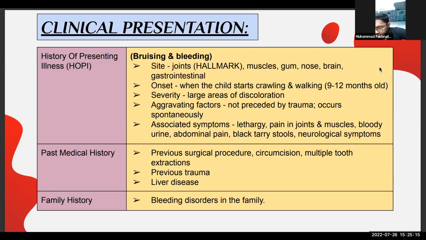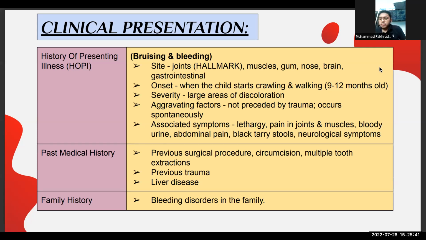And also we can ask whether the bruising was preceded by trauma. We also can ask about associated symptoms like lethargy, pain in joint and muscle, blood in urine, abdominal pain, black cherry stool, and neurological symptoms.